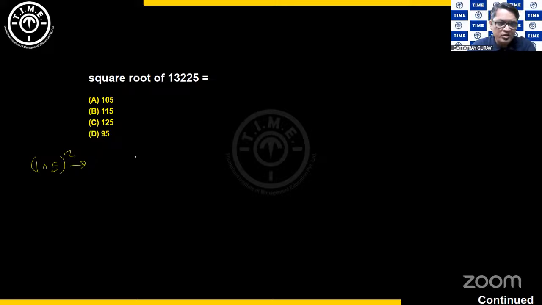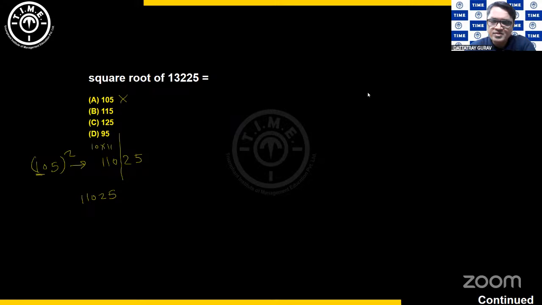It should end with 25, and the next number is 10, so it becomes 10 into 11, which is 110. My number will be 11025. But what is my requirement? 13225. So option 1 is ruled out. Like this, you can check the other options also. This is one method.